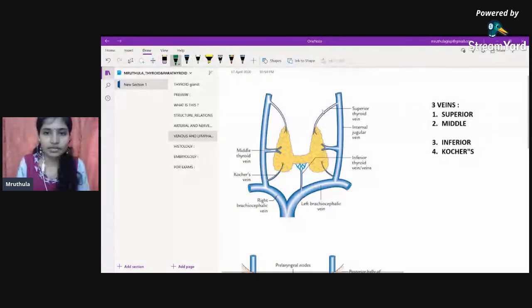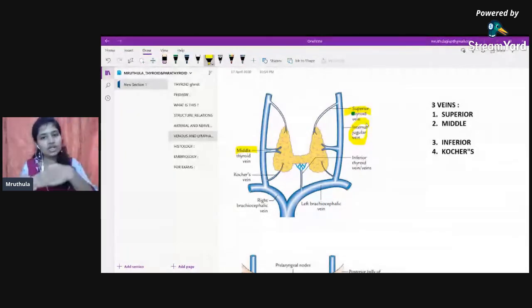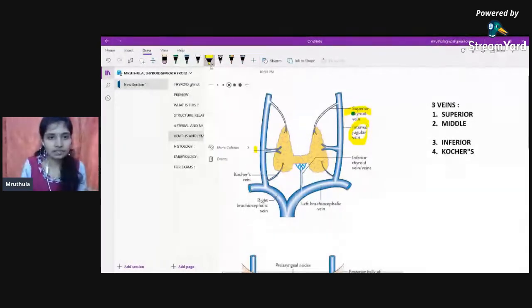Here's our superior thyroid vein, and here's my middle thyroid vein. Both of these are draining into the internal jugular vein. Okay, so superior thyroid vein and middle thyroid vein, both are coming and draining into the IJV, internal jugular vein. And there is the inferior thyroid vein.